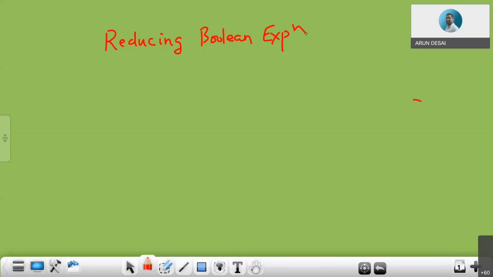So anything you are writing with a Boolean expression is your logic. So that logic you are going to realize. Realize means you make a circuit of it. So while realizing, you try to reduce that expression, right? Why?